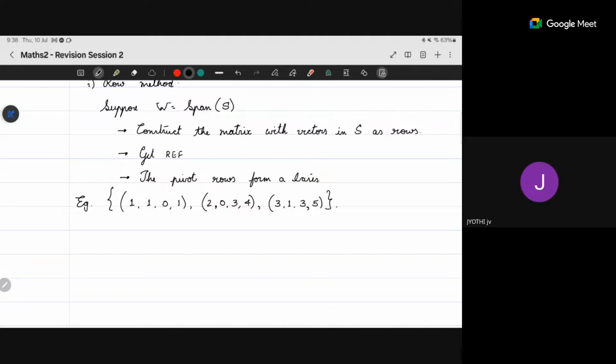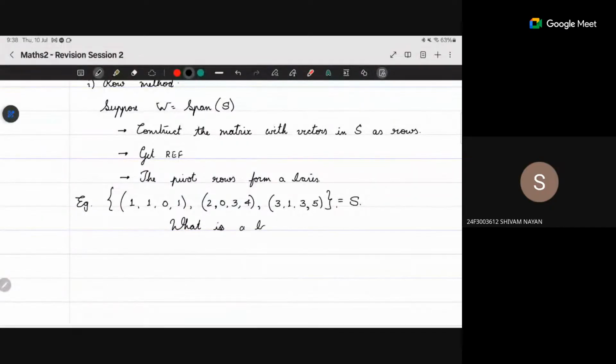Is this a linearly independent set or dependent set by construction? Dependent, because the last one is the sum of both.